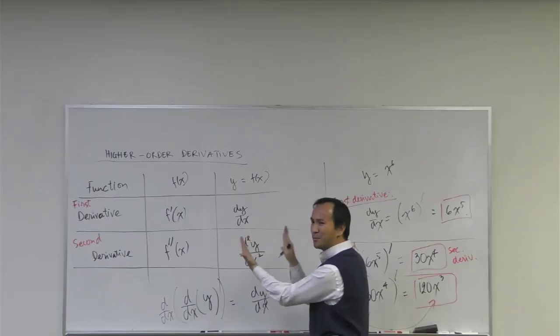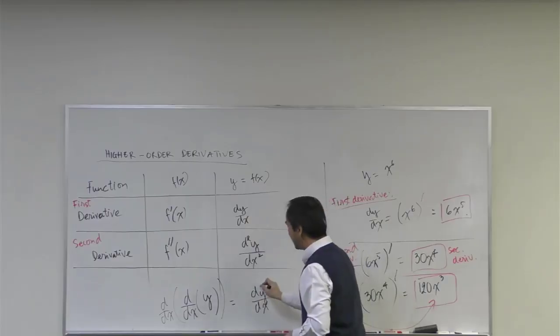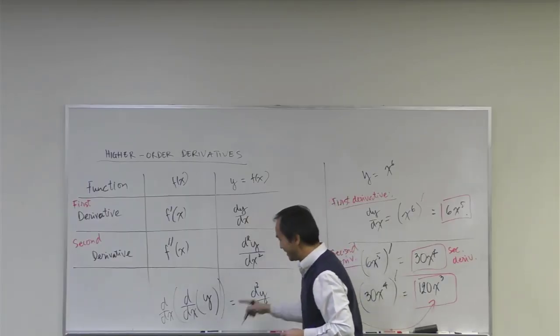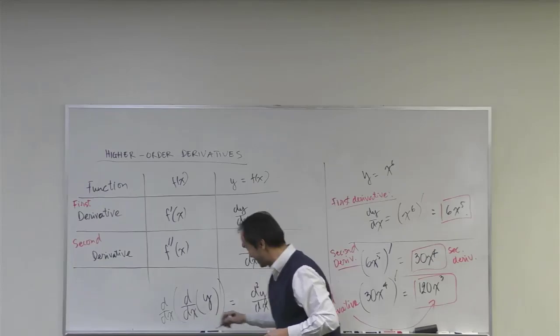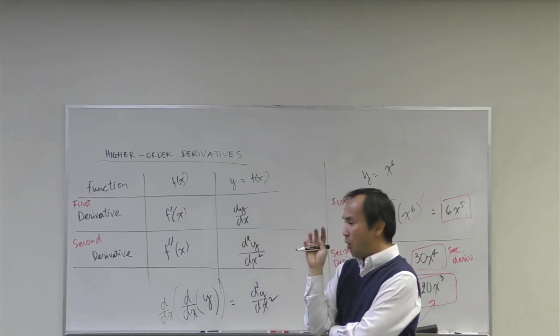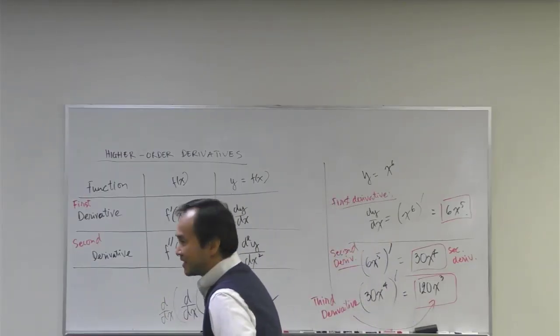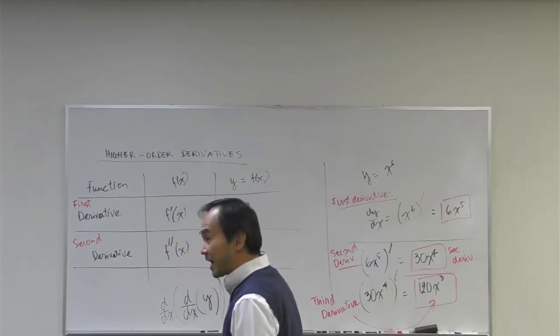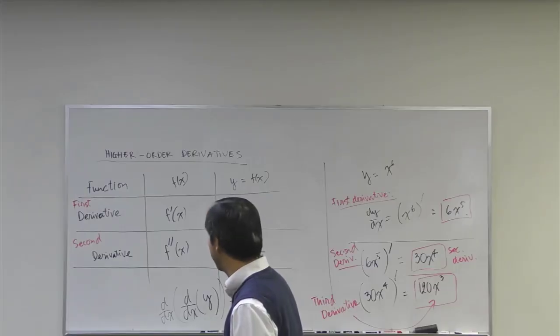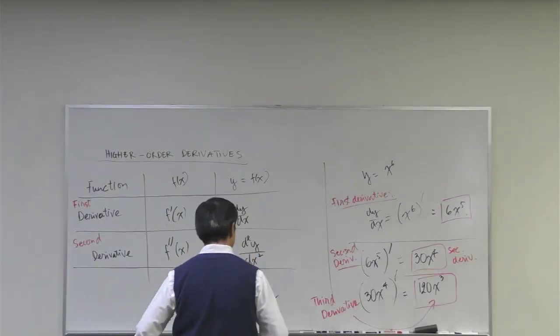It looks like a multiplication: when you put it all together, d and d make a d squared, and there's dx together with dx, that's why it's a dx squared. That's the idea right there. But we treat that as an operator, as a symbol. It doesn't really mean multiplication, so don't take that as multiplication. It's far from being a multiplication. That's the reason why we arrive at things like that. So that's the second derivative.